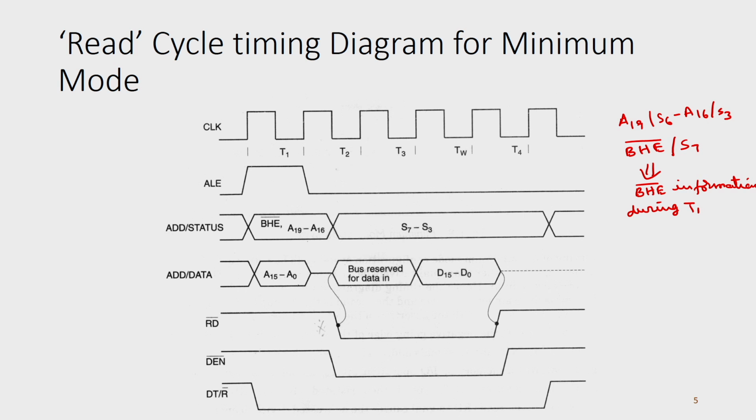In order to read the data from external devices, the microprocessor can read the data from an external device such as a transceiver. There is one device called 8286, which is a transceiver. Transceiver is the combination of transmitter and receiver.